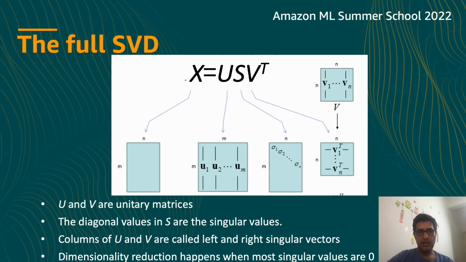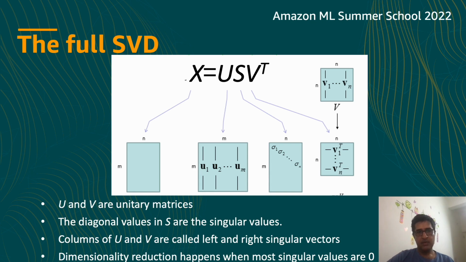And you express the matrix X as a matrix multiplication of the matrix U, which is an m cross m matrix, matrix S, which is an m cross n matrix, and then a matrix V transpose, which is an n cross n matrix.